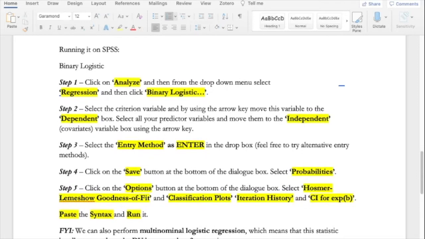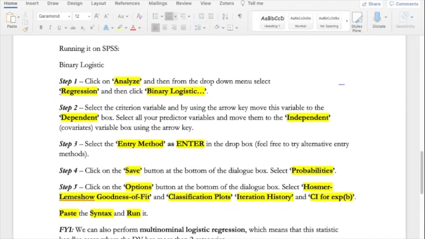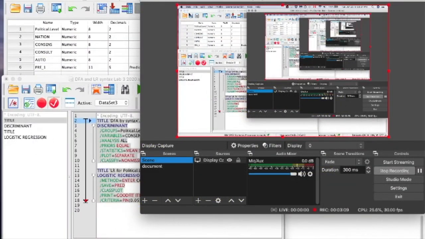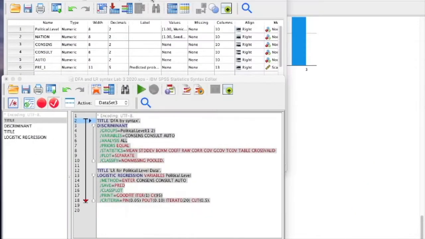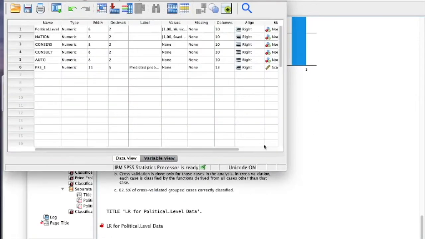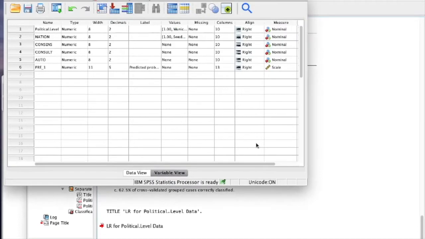Okay, so next, let's run this together. So here we have the same exact data set as last time.